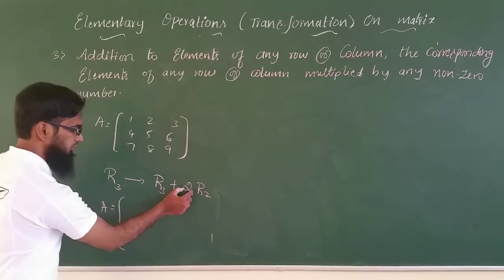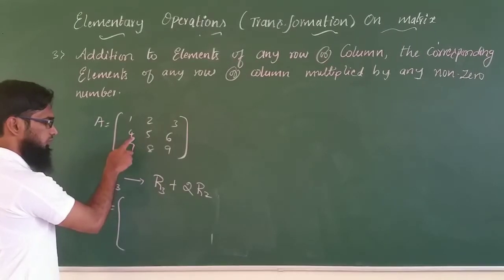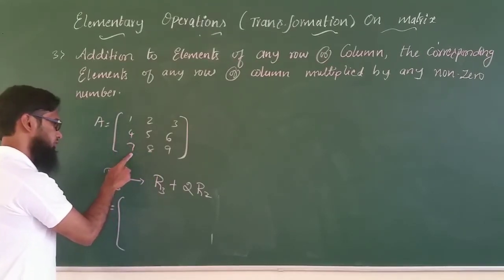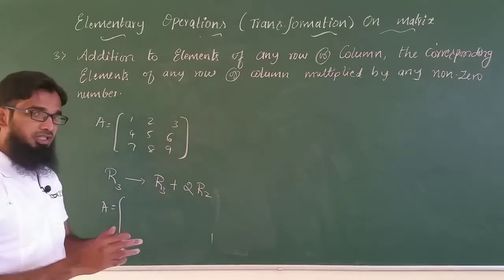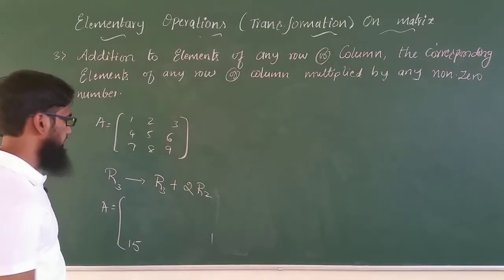I multiply this 2 for the elements of R2: 2 fours are 8, plus the corresponding element of R3, so it becomes 15. We write that in the R3 position, that is the row 3 elements.